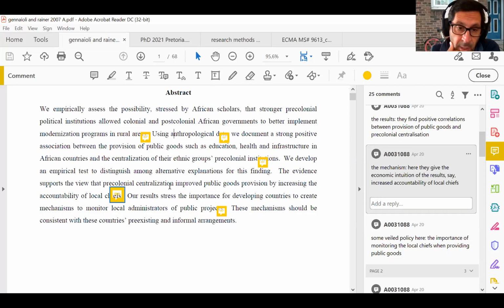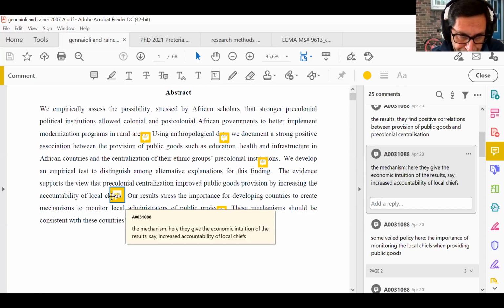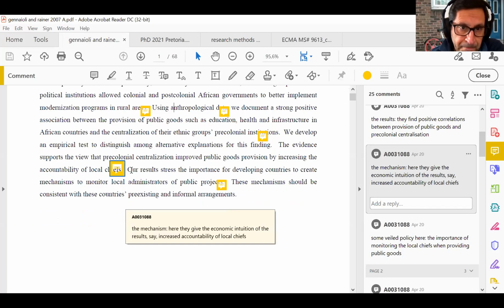We have one in jail right now, and if you didn't realize the importance of the one in jail in the riots of 2 weeks ago, well, then you have to rethink the whole dynamics of the country, okay? Which illustrates the importance of the chiefs, for good or for bad.